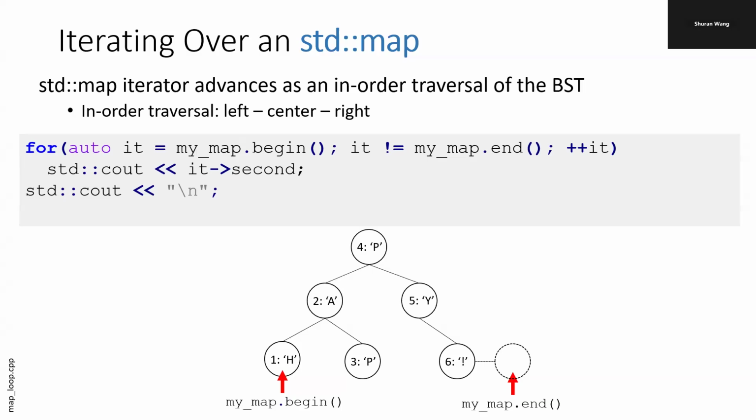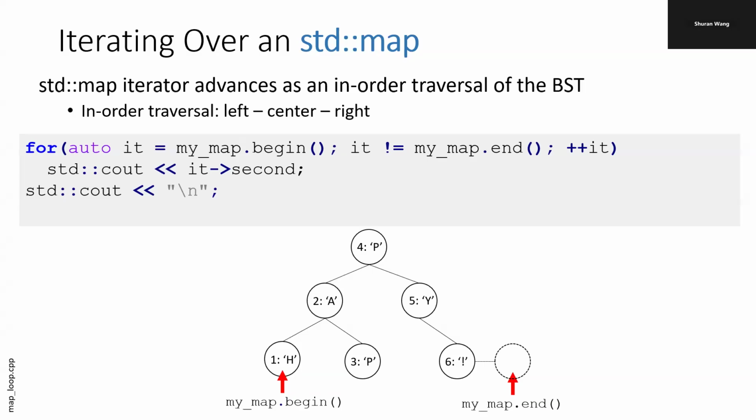The other traversals are pre-order traversal, where center is at the beginning, so we do center, left, right, or the post-order traversal, where we're doing left, right, center. Just as a memory refresher for binary trees.